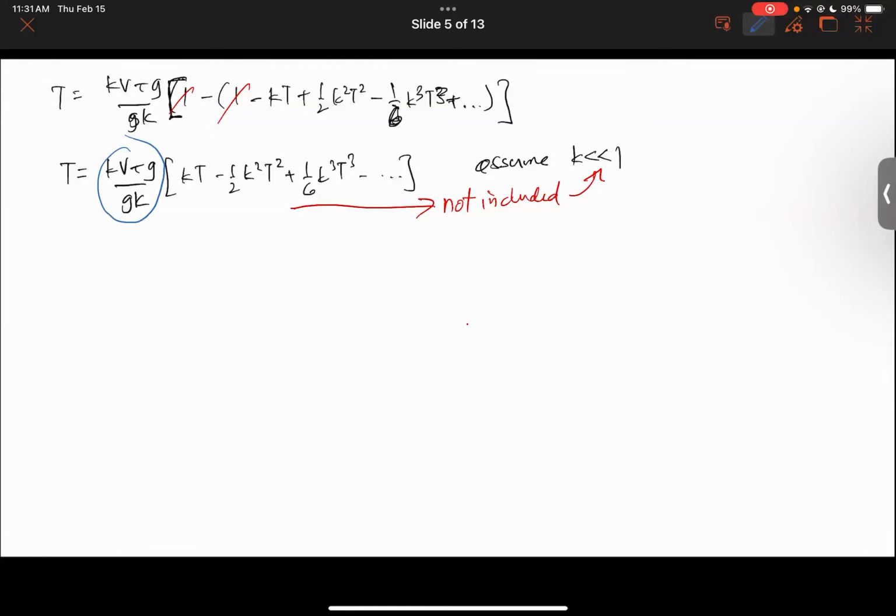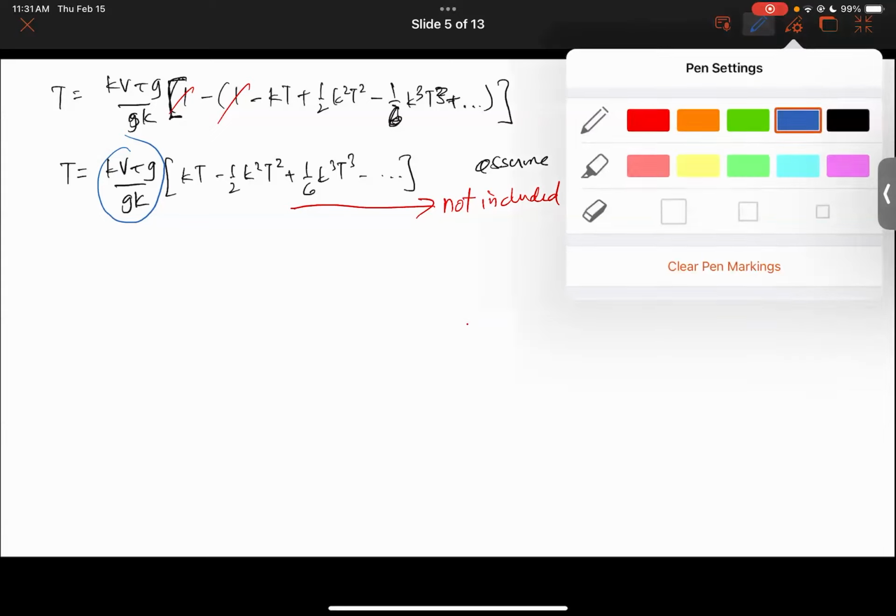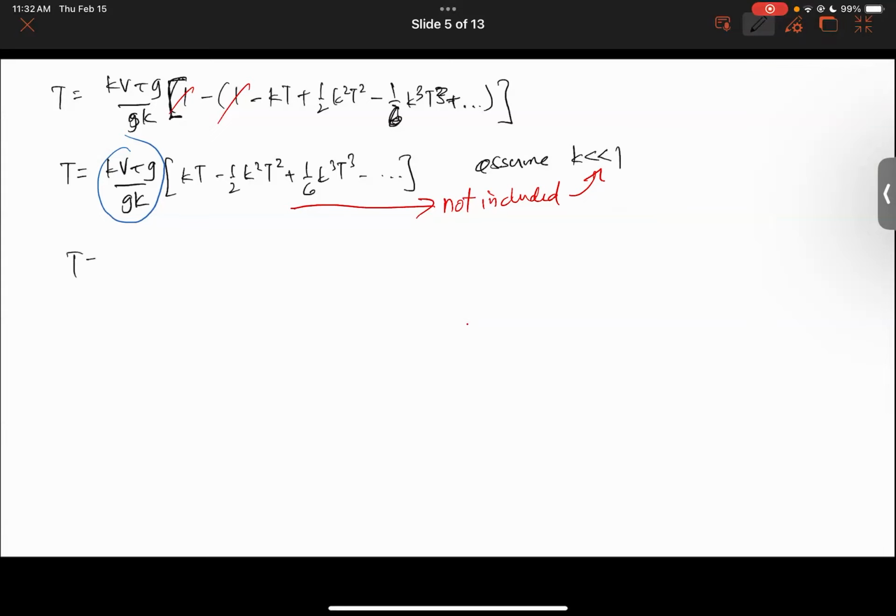Okay, so ang gawin natin ay, well, i-multiply natin yan. So, t is equal to, let's see.